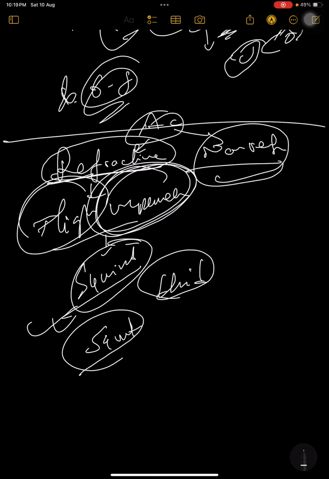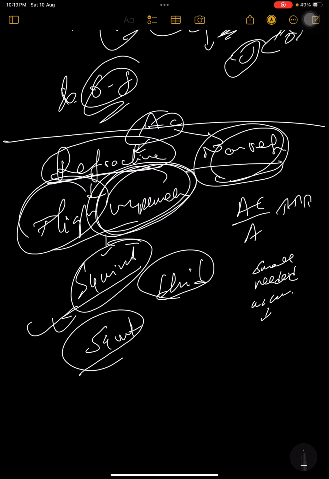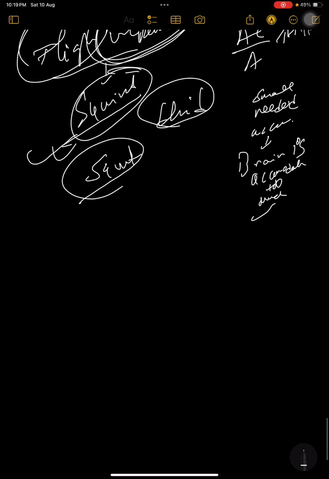And what about non-refractive? Non-refractive is because of a high AC by A ratio. That means for a very small needed accommodation, the brain is accommodating too much. So what does this mean? I'll explain it, don't worry. The accommodative convergence by accommodation ratio increases.